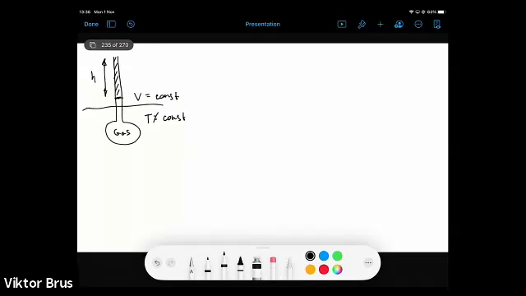So in order to keep this volume constant, we need to increase pressure. So pressure is not constant. And that means we need to increase the height of this mercury pillar, which is not constant also. So if we increase the height of the mercury pillar, we can compensate this thermal expansion of gas and keep it at the same constant volume.